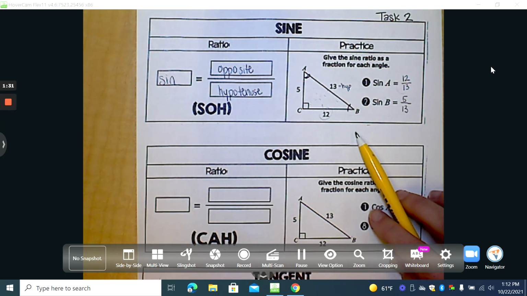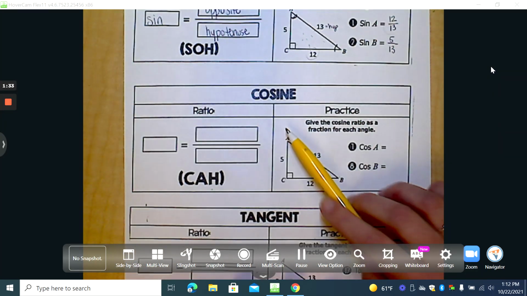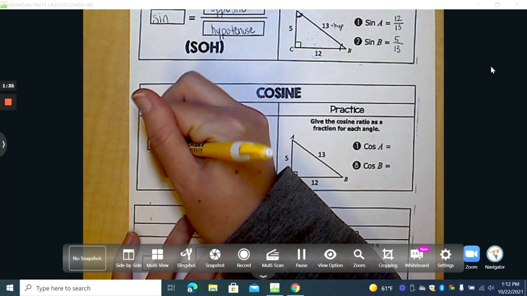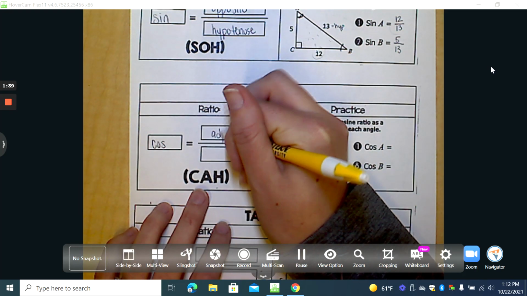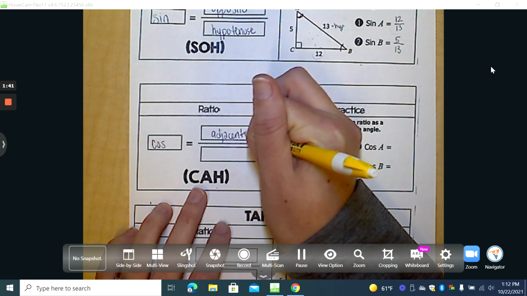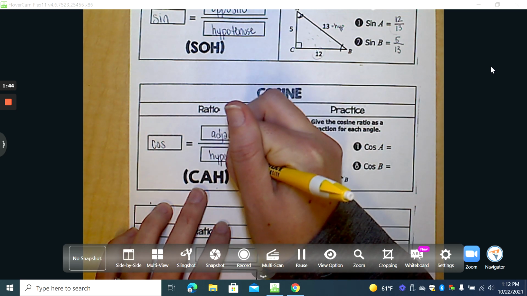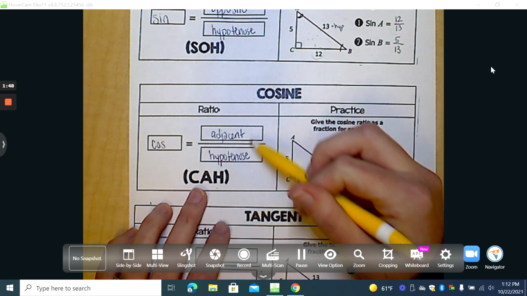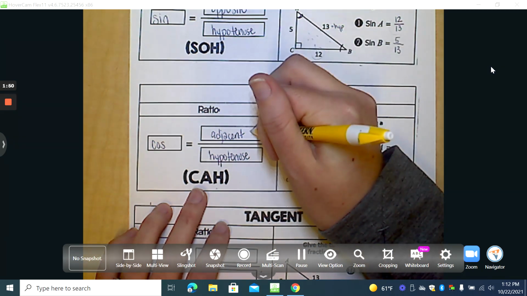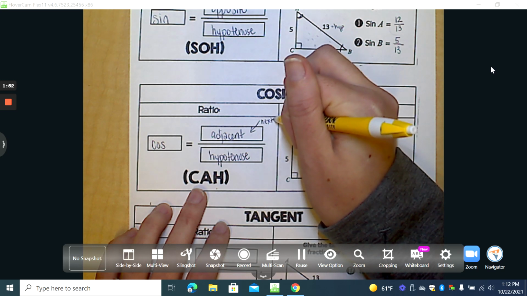I'm going to do the same idea, but with this function, cosine. Cosine works a little bit differently. Cosine is actually what's called my adjacent over my hypotenuse. It is the ratio of my adjacent side over my hypotenuse. Adjacent just means next to.